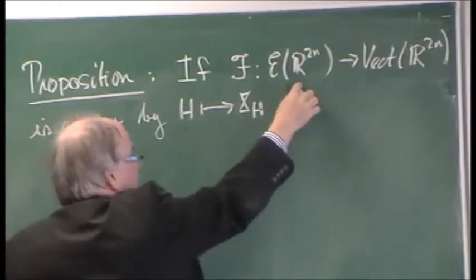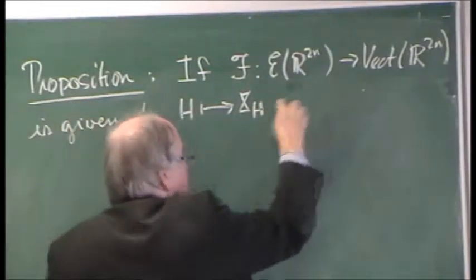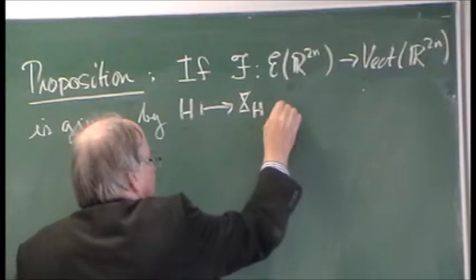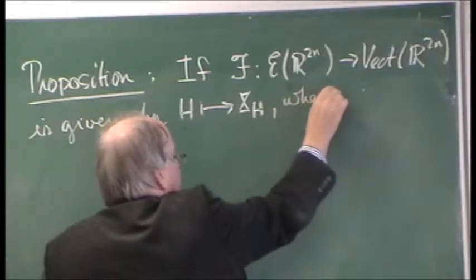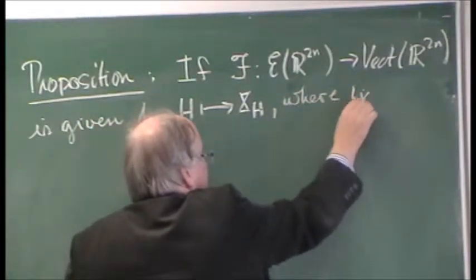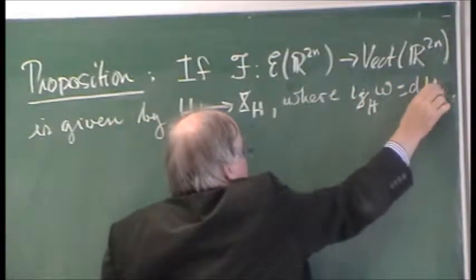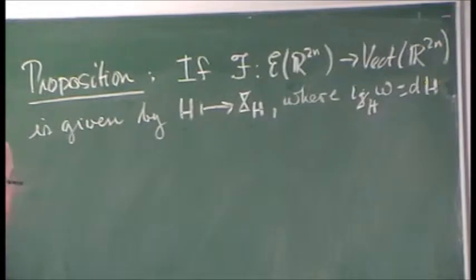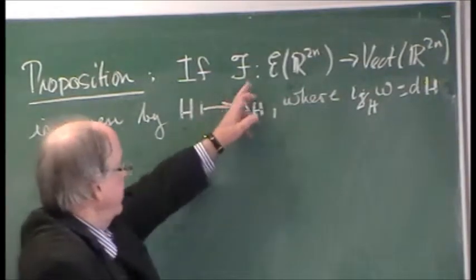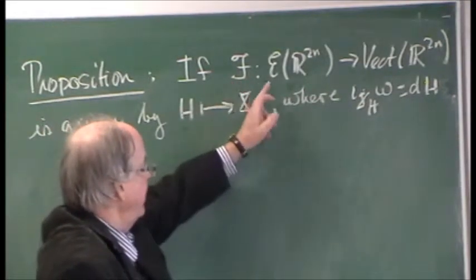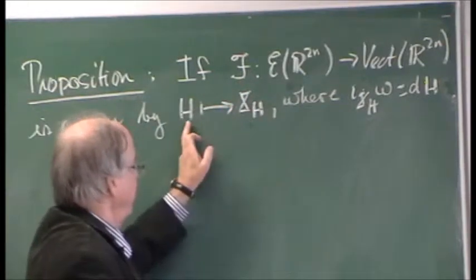Hamiltonian function here in the functions to a vector field here, where defined by contraction of the form is dH. This is the mapping, I call it F, and maybe if you like to think what F I have in mind is the field mapping, which associates a field to a function.